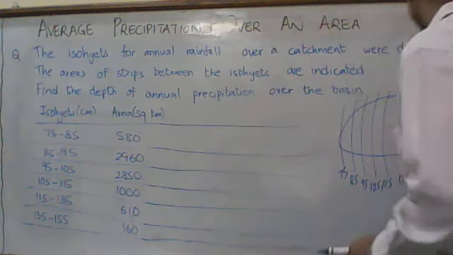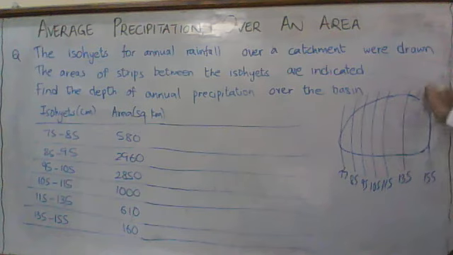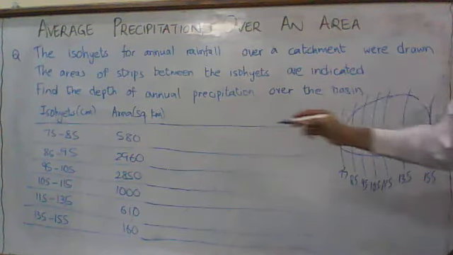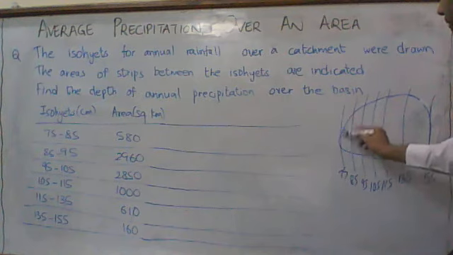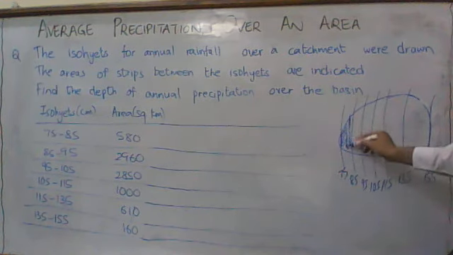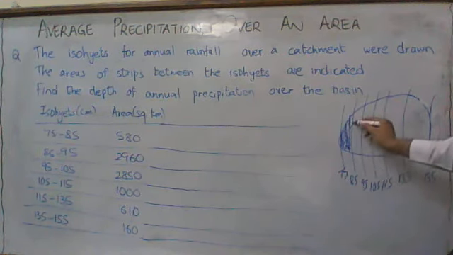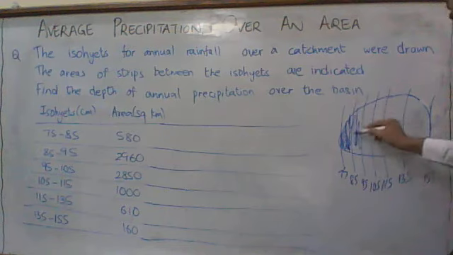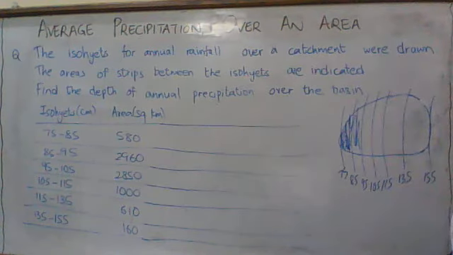So this is the area that is given, and this is the catchment. These are the isoheights mentioned over here. Now, according to the table, the area between 75 to 85 is this portion. So area between 75 to 85 isoheight is 580. Area between 85 to 95 isoheight is 2960.